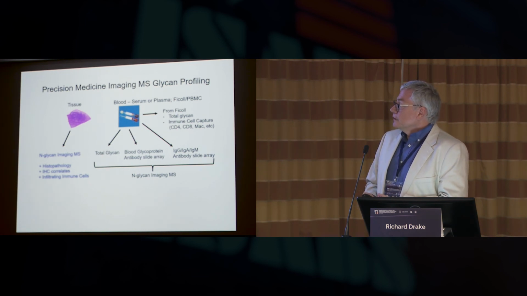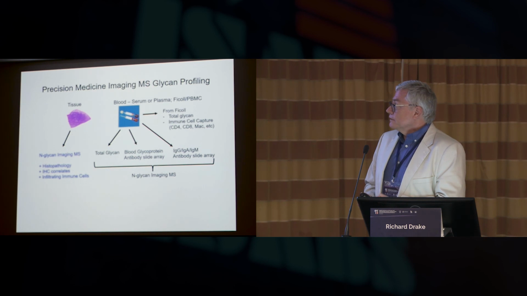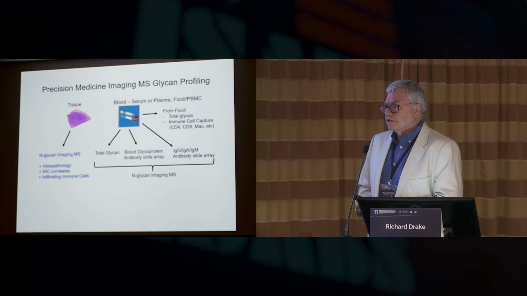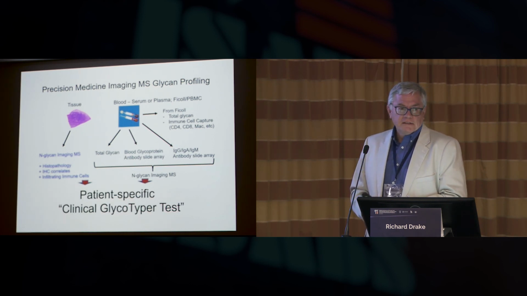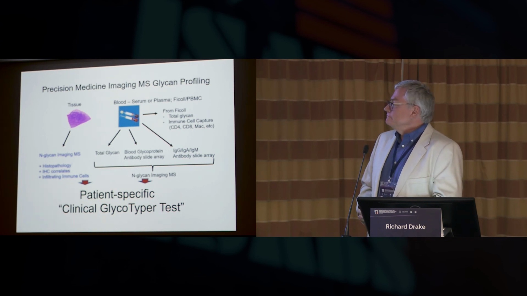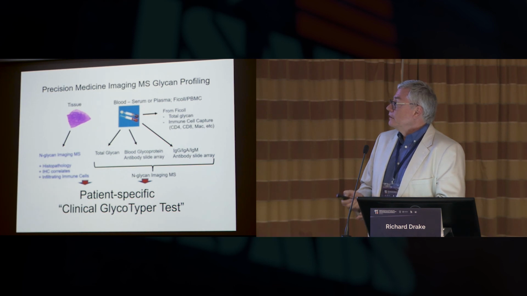We could do total glycan, antibody arrays, immunoglobulin arrays, all of the arrays, but also immune cells themselves stuck to a slide. What if you end up with a patient-specific clinical glycotyper test? We've been hearing it more and more, the whole meeting, these are important and they're telling you things clinically. So we think we have a workflow to really get this into the clinician's hands at some point.